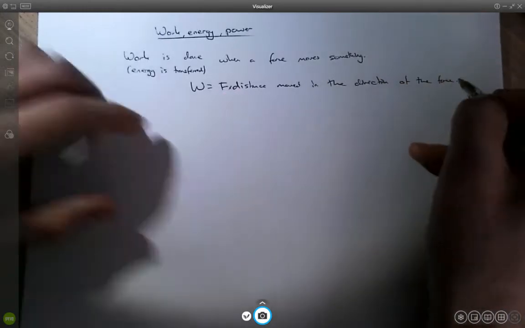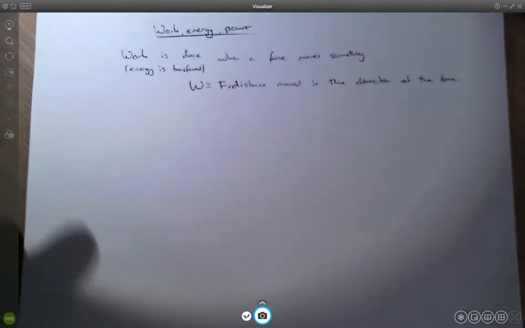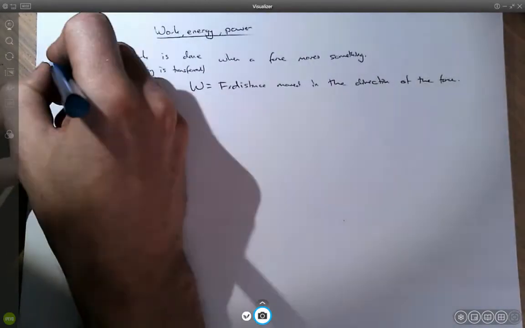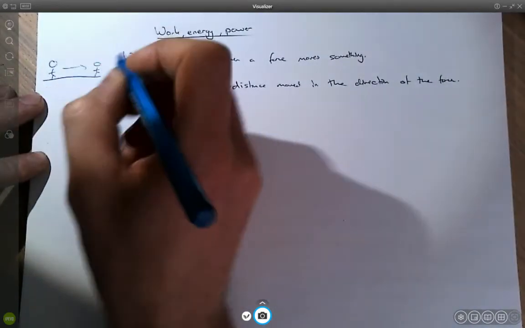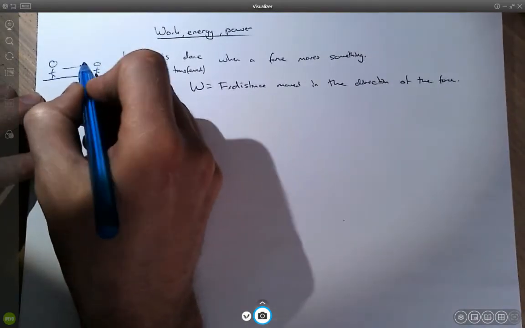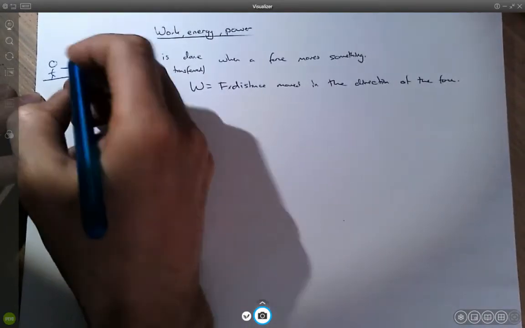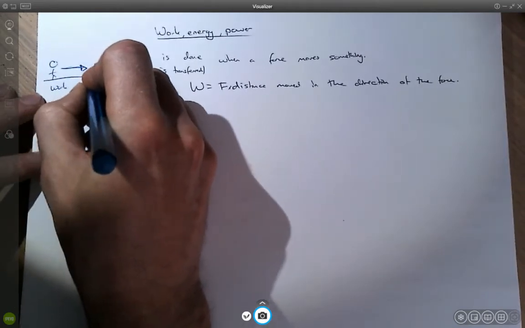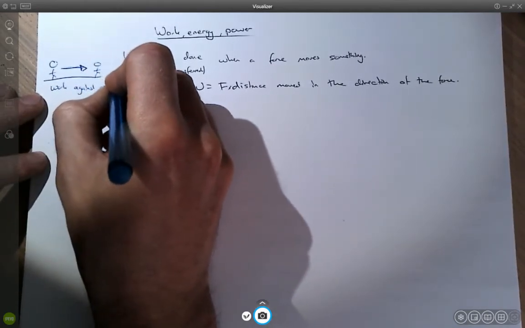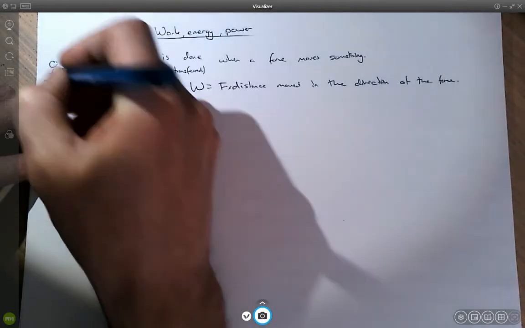So what this means is if we think about someone walking along the ground, have they done any work? Well, it depends what you mean, really. Work against gravity, well, they haven't changed their height. Gravity obviously acts down.